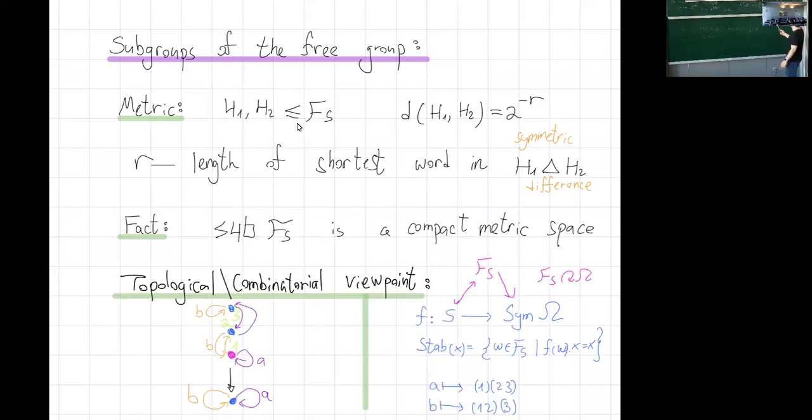Now, those of you who studied algebraic topology know that whenever you have a space and you look at the fundamental group of it, and we remember this is the space for which the fundamental group is the free group, there is a correspondence between subgroups of the fundamental group and covering spaces, okay? So you can see here, what does it mean for it to be a covering space?